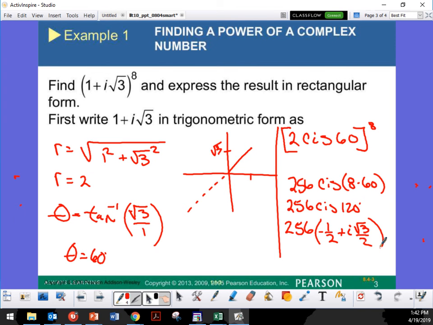All right, go ahead, distribute the 256 where we get 128. So it should be negative 128 plus, I'm sorry, 128 i rad 3. What's 256 divided by 2?